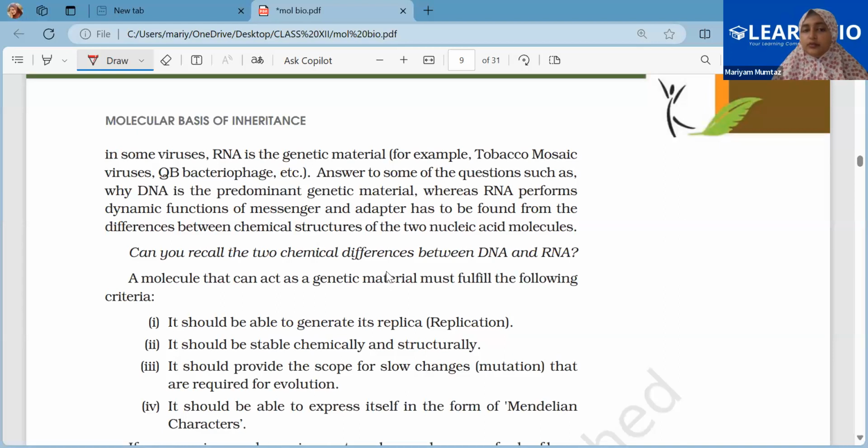For example, the tobacco mosaic virus, the QB bacteriophage, and the AIDS virus, that is HIV, also have RNA as the genetic material. So, the answer to some of the questions, such as why DNA is the predominant genetic material, whereas RNA performs dynamic functions of a messenger, adapter, then even after this, why only DNA is the genetic material?